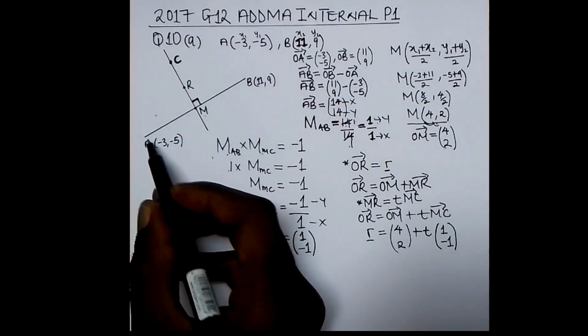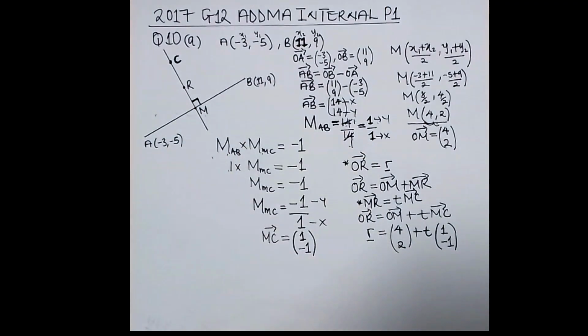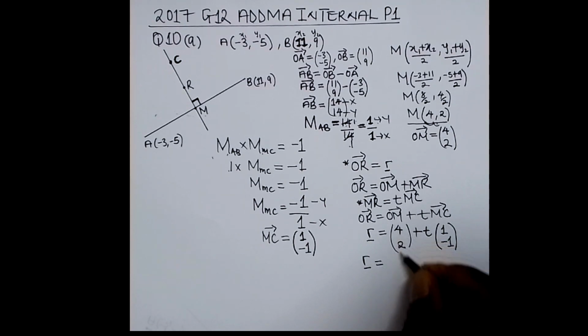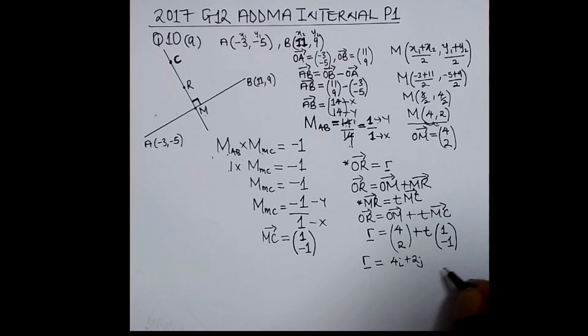So this here is the vector equation of the line perpendicular to the line AB. If you want, you can put it in terms of components, which will mean that this will be r vector equal to 4 in terms of i, then plus 2j, then plus t, open bracket, i minus j.